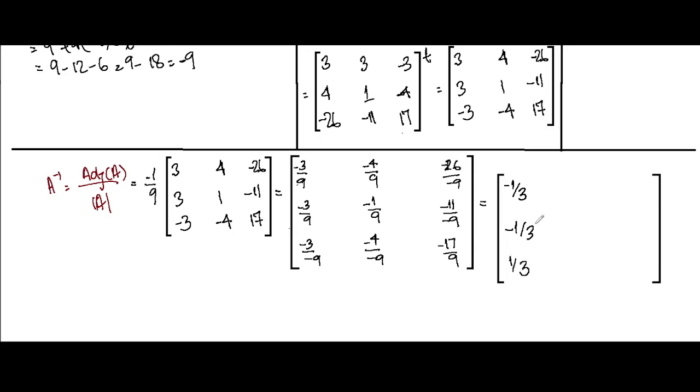Then we have minus 4 by 9 over here, minus 1 by 9 as it is, and then 4 by 9 over here. Then we have 26 by 9, we have 11 by 9, and we have minus 17 by 9. And this is your answer for the second part.